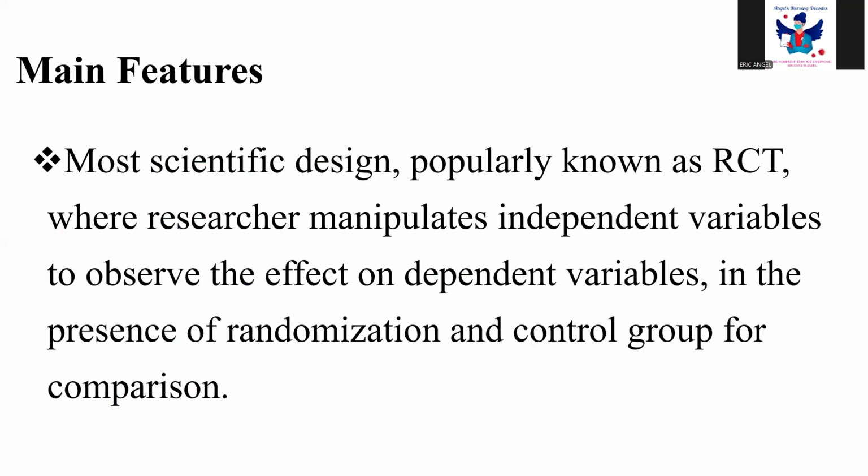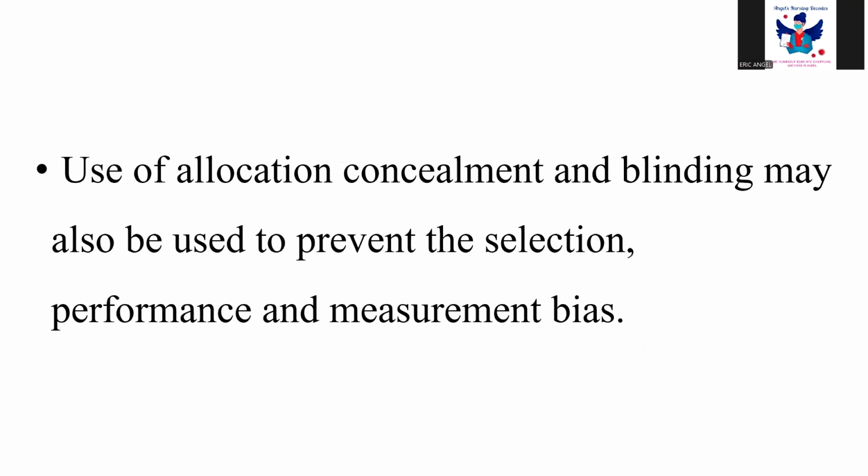So the main features of experimental research design are three things. First is manipulation. It is nothing but intervention. Second, randomization. And the third is control group. Use of allocation concealment and blinding may also be used to prevent the selection, performance, and measurement bias.